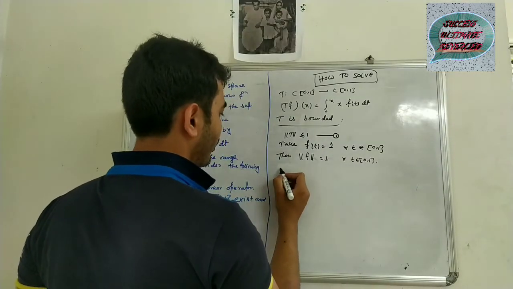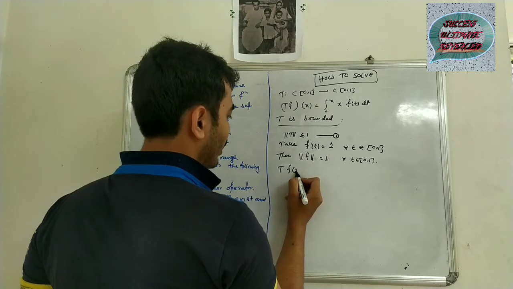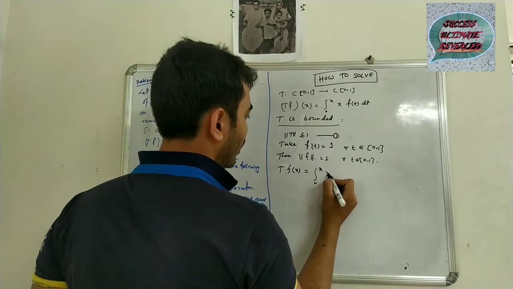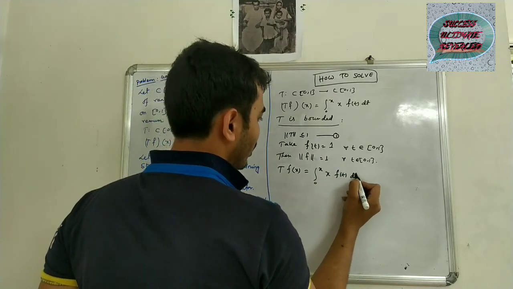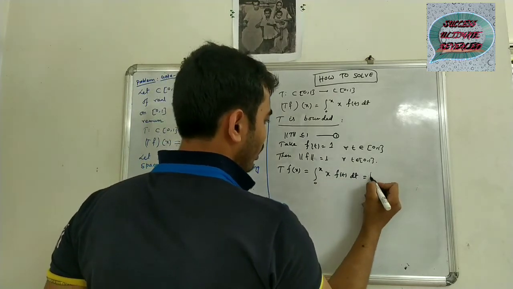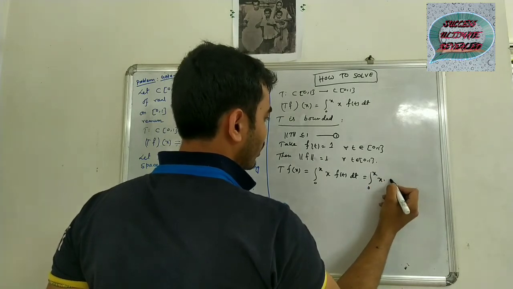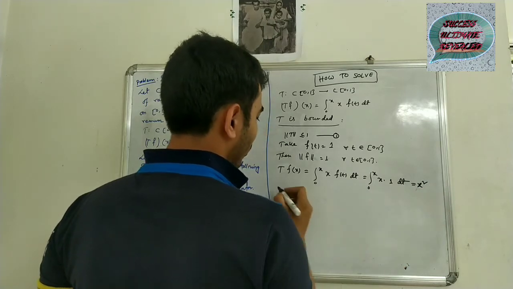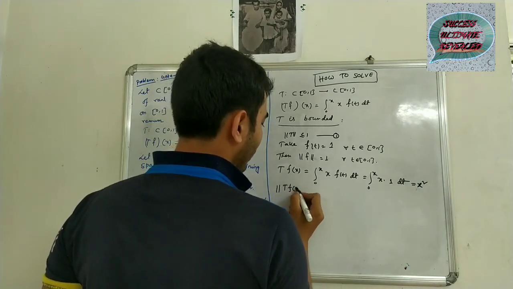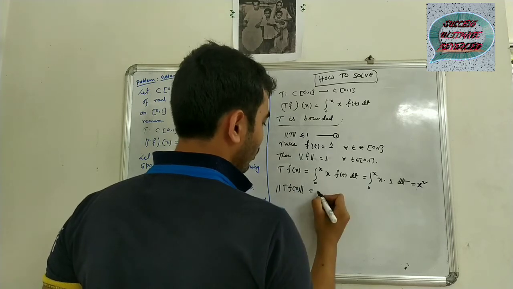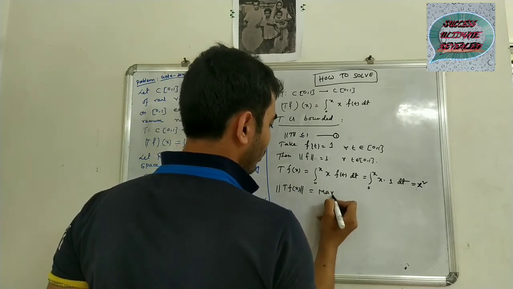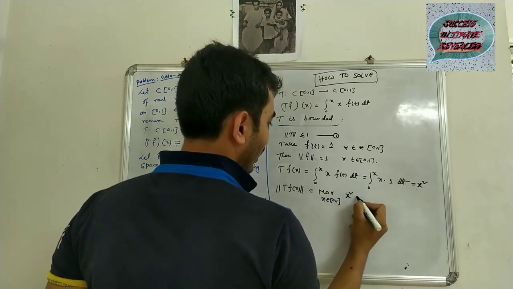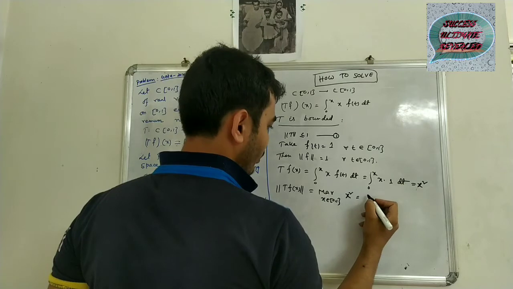Now T of f(x) is equal to the integral from 0 to x of f(t) dt, which is equal to the integral from 0 to x of 1 dt, and this is equal to x square. So norm of Tf is the maximum over x in [0,1] of x square, and this is equal to 1.